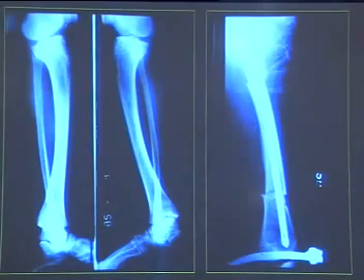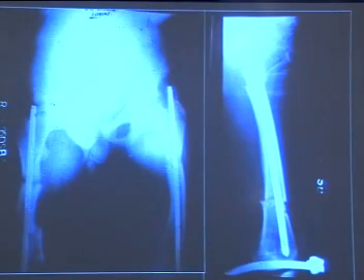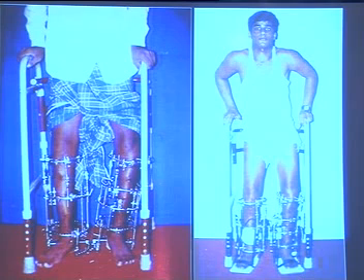You can see here, this is the tibia, this is the femur, where we have used a nail here, and this is how the tibia, he wanted lengthening. The femur caused shortening because we have done closed wedge osteotomy, and here we have done open wedge osteotomy to compensate for the shortening that you have in the femur.